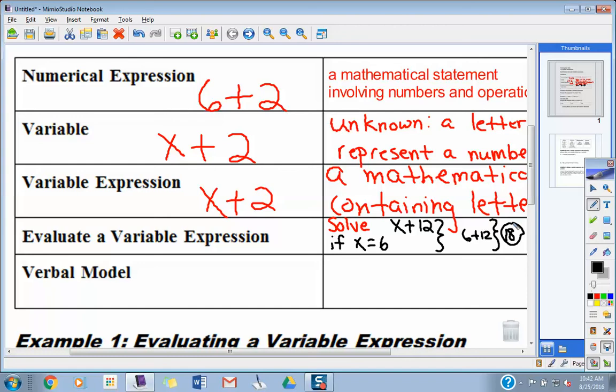All right? So we're going to use things called verbal models. Okay, so verbal models work kind of like this. A verbal model basically is using words to solve problems.